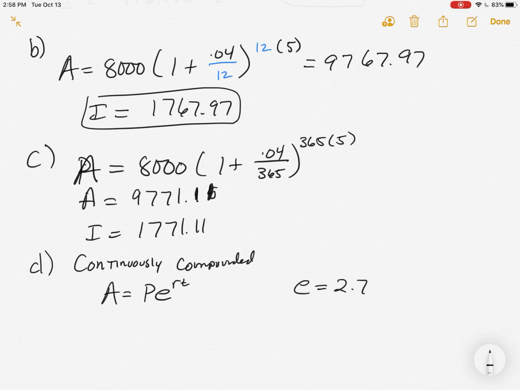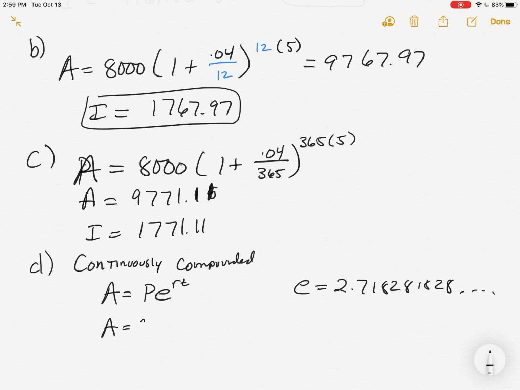It's 2.7182818, and it just keeps going on forever. They call it the natural number because it describes how things behave in nature, including compound interest. So this button's on your calculator.